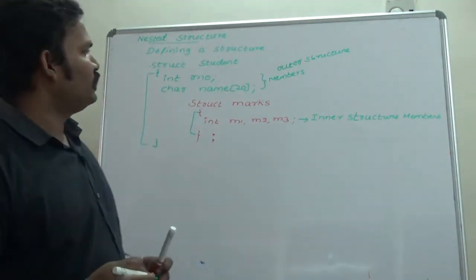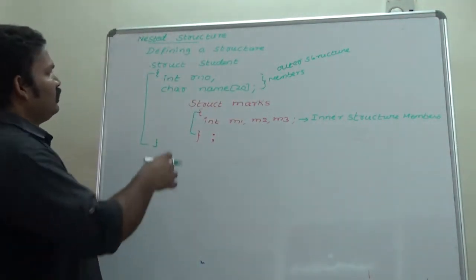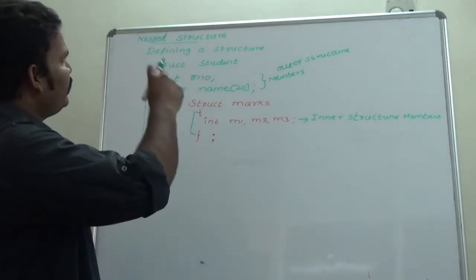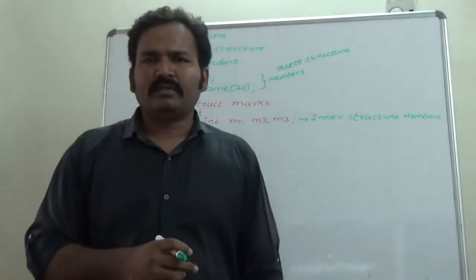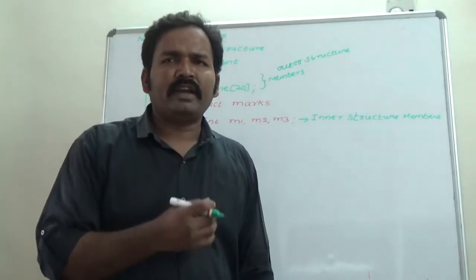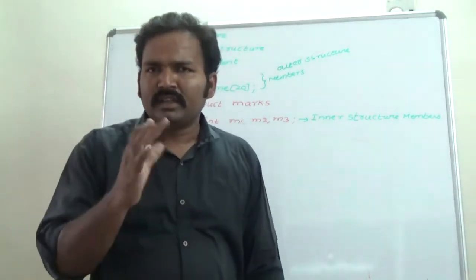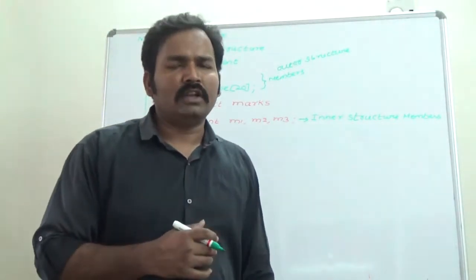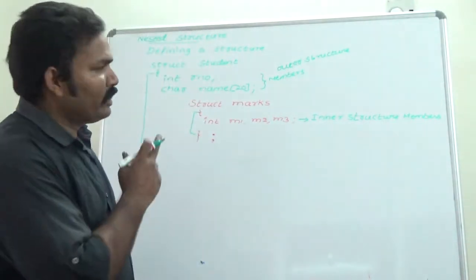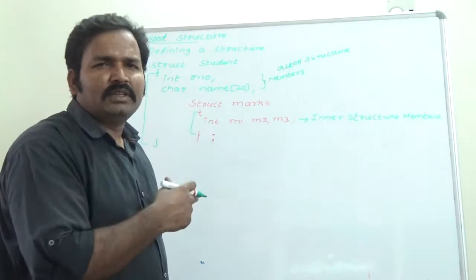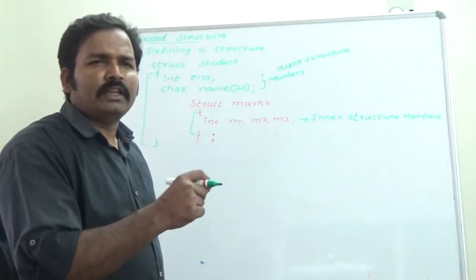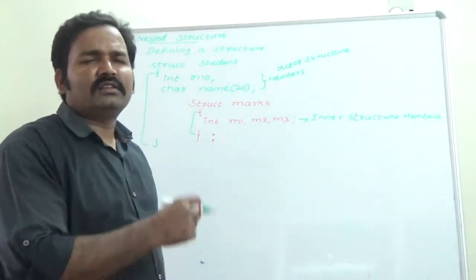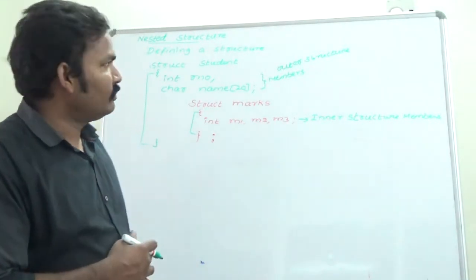Right. So here, when we define a structure, only when defining a structure, memory will not be allocated. Memory blocks will not be allocated. So to allocate the memory for these members, we have to declare one variable of that structure type, a user defined type.